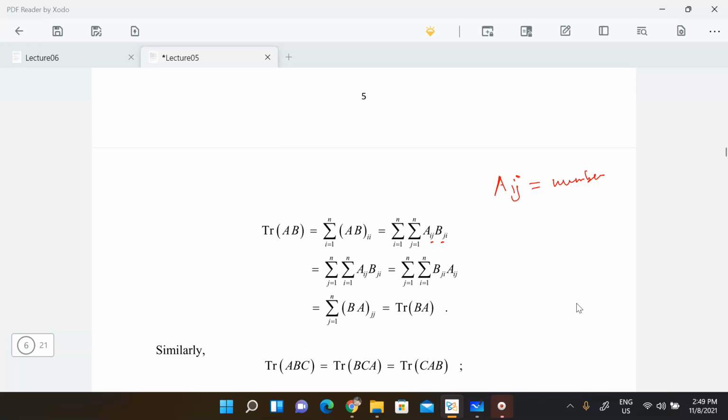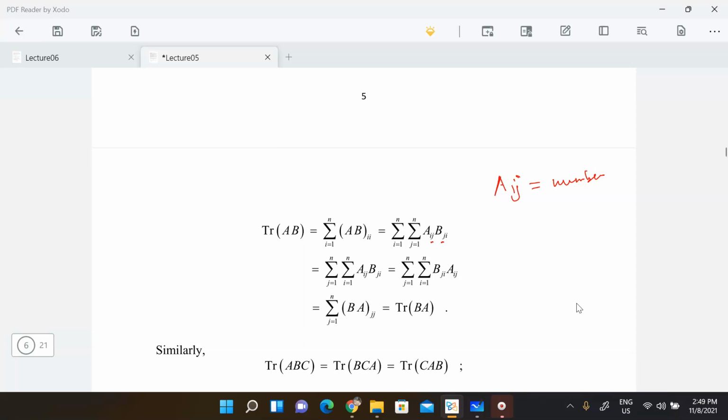But what happens to the sum? Here I'm summing over j first, and then summing over i the second time. I could swap these two sums, so I do the i sum first and then the j sum as the second sum.